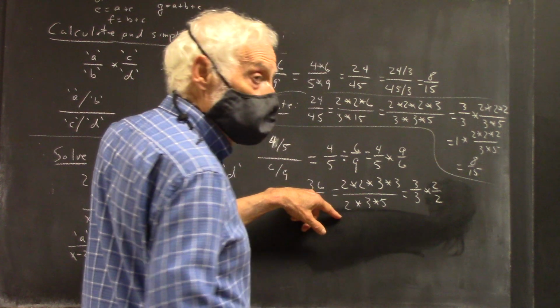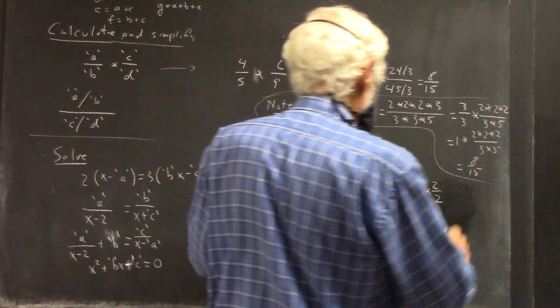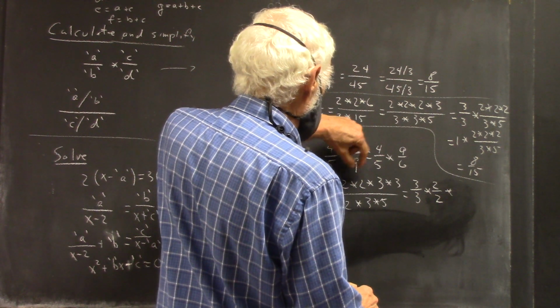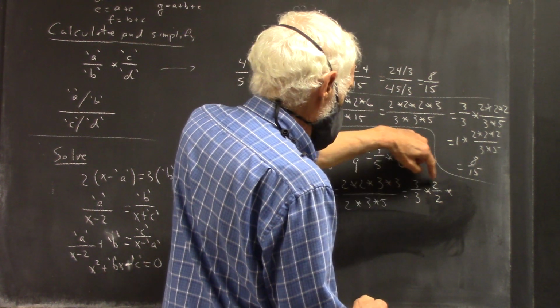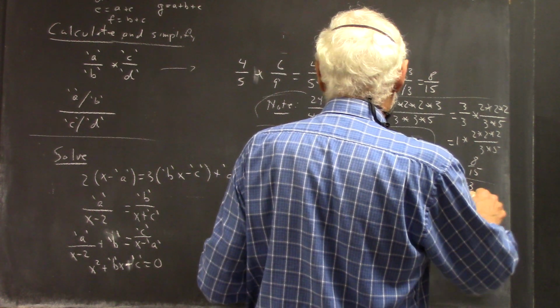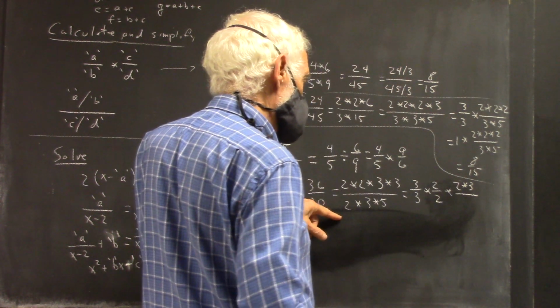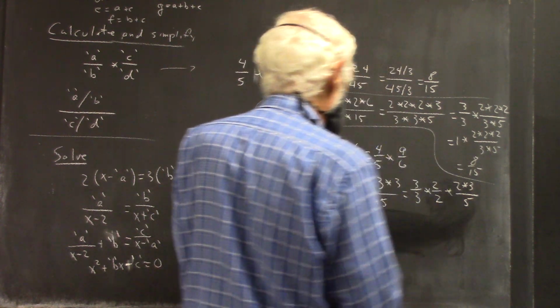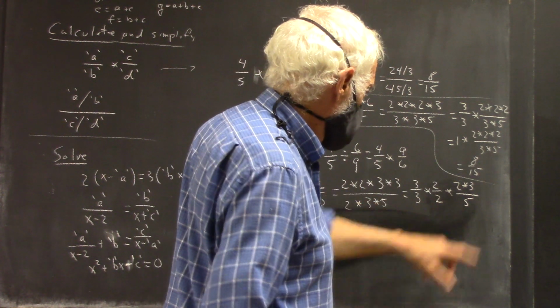Can't do it 2/2, right? And that leaves you one of the 2's and one of the 3's over here now. And you're going to have 2 times 3 over. Well, the 2 and the 3 are gone, so that's going to be over just 5. Now, your denominator's 3 times 2 times 5.